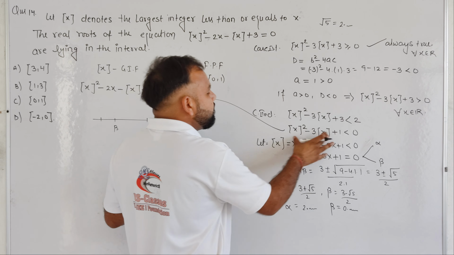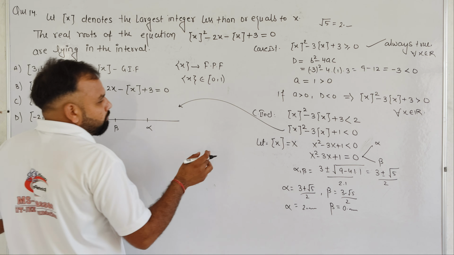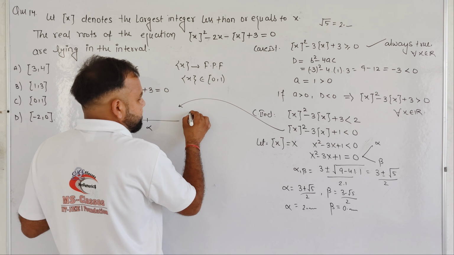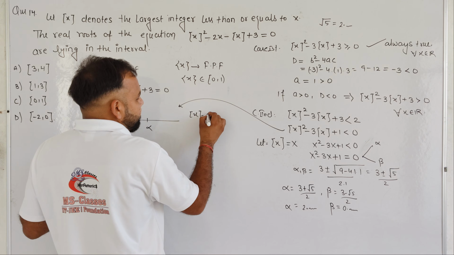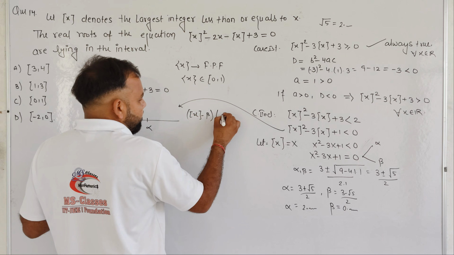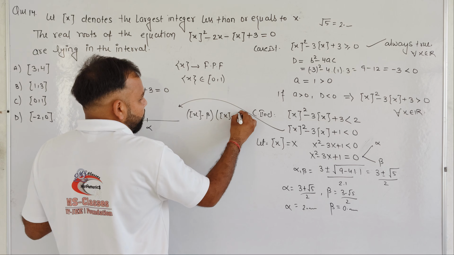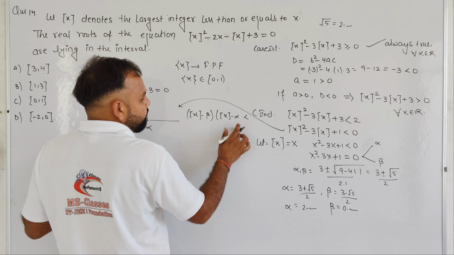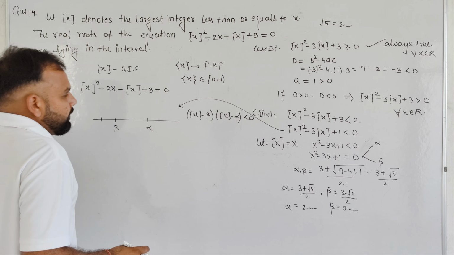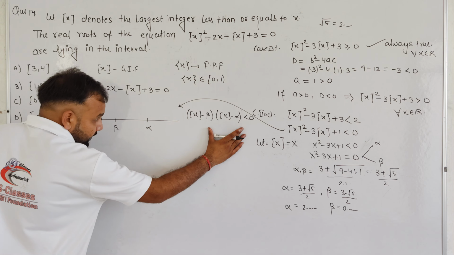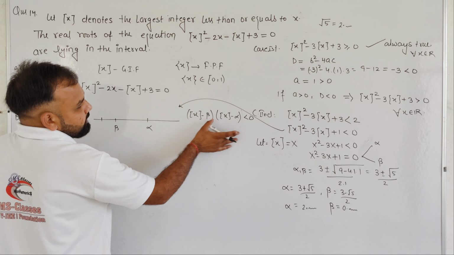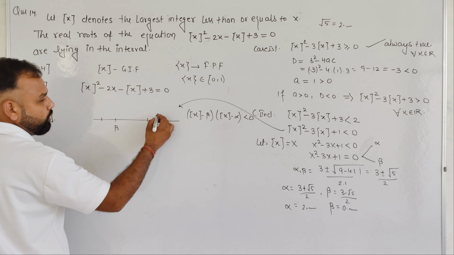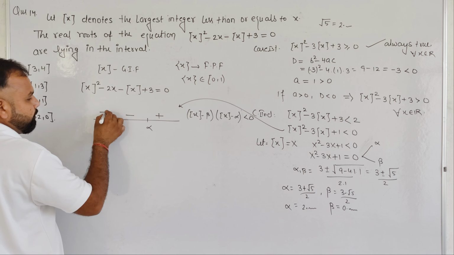Applying the wavy curve method, this equation can be written as ([x] − beta)([x] − alpha) < 0. The coefficients of [x] in both factors are positive, so the signs will be positive, negative and positive.